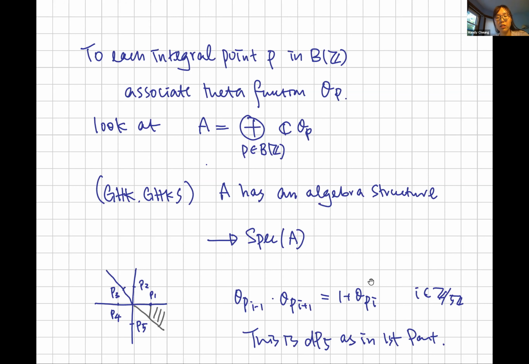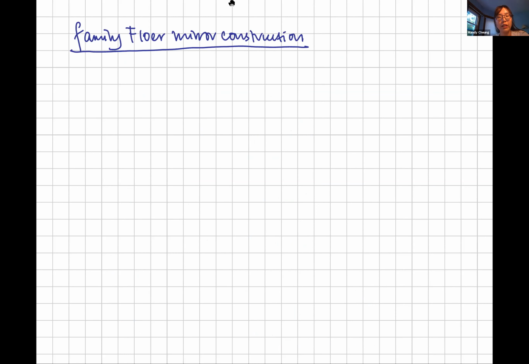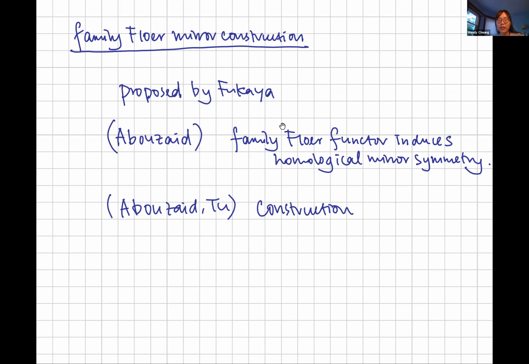So that's it. And now we move to the family Floer mirror construction that was proposed by Fukaya. And I also show that this family Floer mirror functor will induce homological mirror symmetry. So this is why we want to do it or care about it, because when we have this construction, we will have homological mirror symmetry as a byproduct.